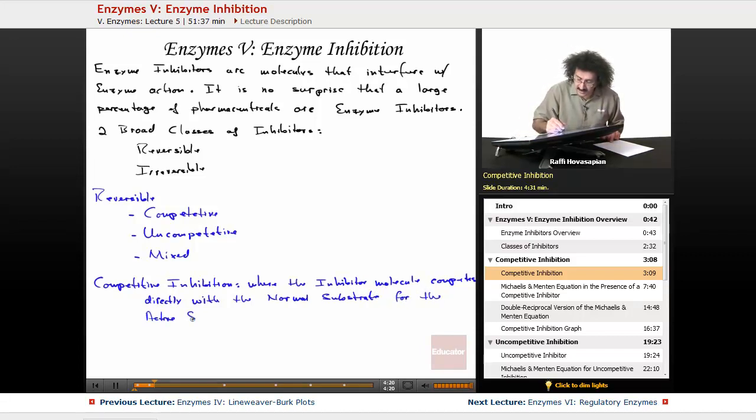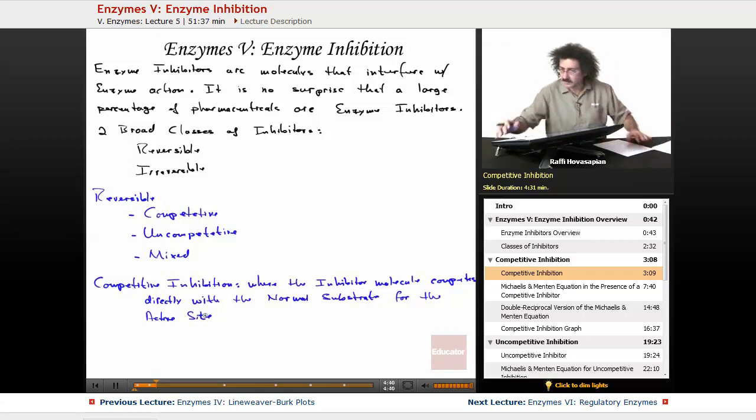So they both want to be in the active site, substrate, competitor. If substrate makes it, the enzyme does what it does. If the competitor makes it to the active site before the substrate does, that's it. It blocks off entrance to the active site for the normal substrate.